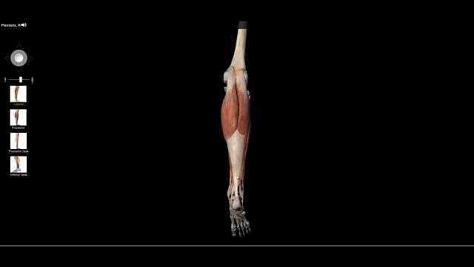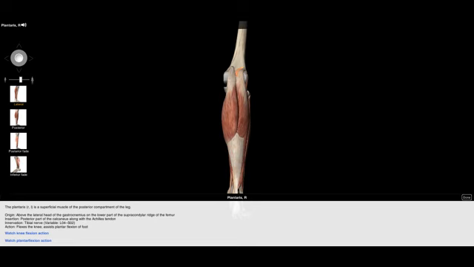Oftentimes on dissection, that tendon gets confused as a nerve because it's such a long tendon, and not everybody even has this muscle. Again in space, we call it a plantar flexor and a knee flexor.